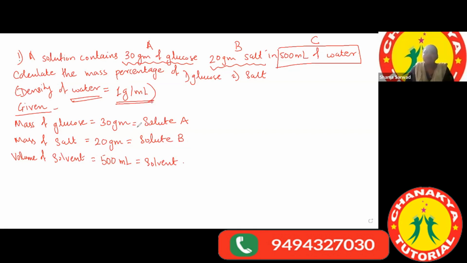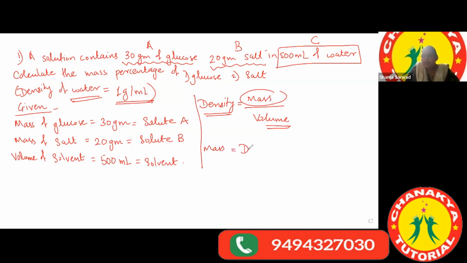Okay. So what we know, this formula, all of you are aware that density is equal to how much? Mass upon volume. Correct? You have a density, you have a volume, you can calculate the mass of water. Can you do that by using this formula? Yes. So mass of water is equal to density into volume.